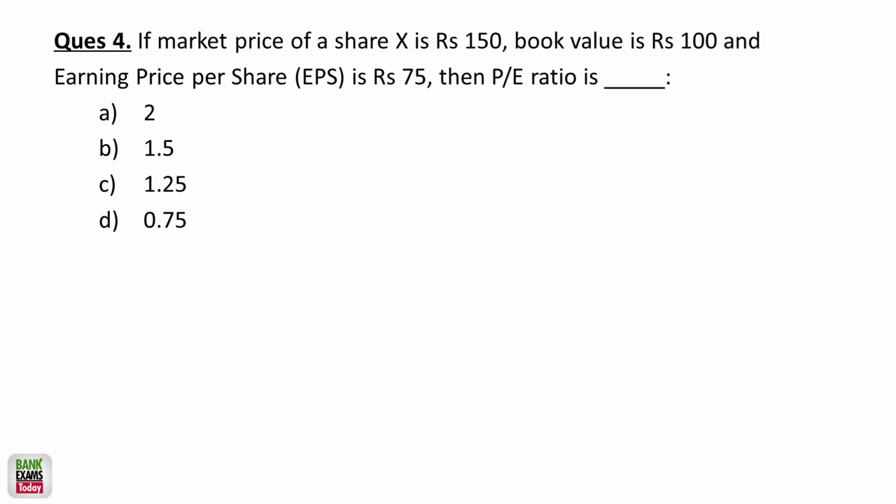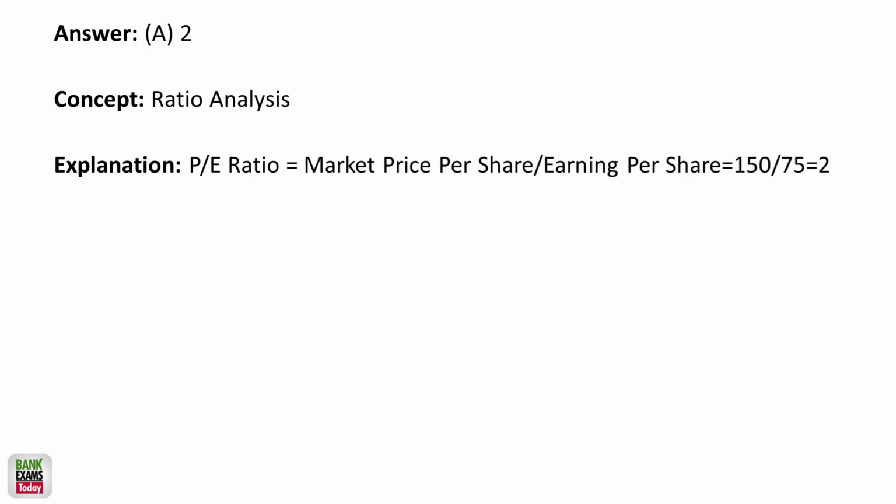If the market price of a share X is 150 rupees, book value is 100 rupees, and EPS is 75 rupees, you need to calculate the price earning ratio. First of all, you should know the formula to calculate the PE ratio: market price per share divided by earning per share.